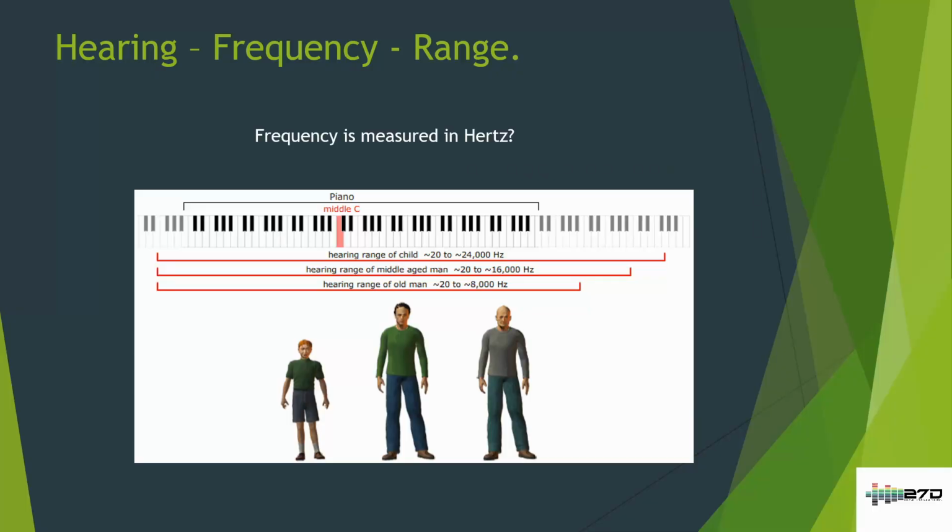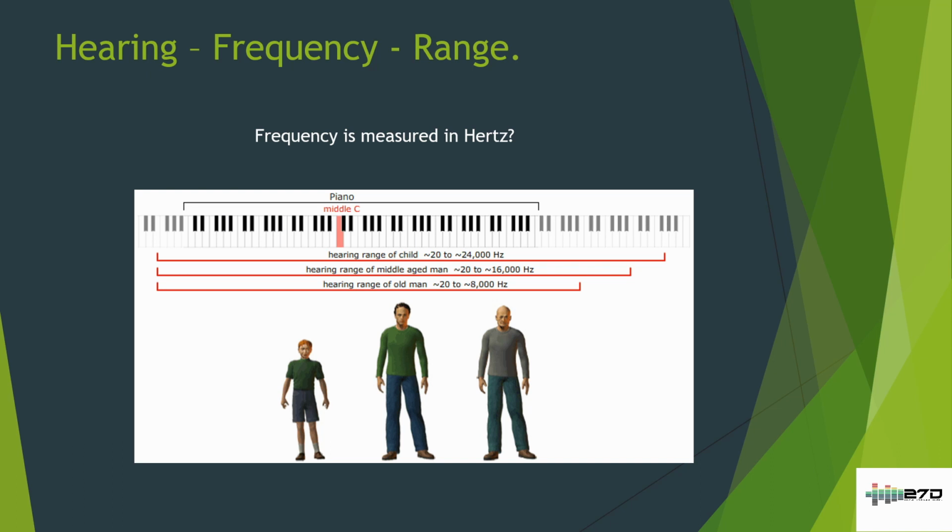Frequency is measured in hertz, we know this, so it's how many complete cycles are made in a second. Generally we're told we can hear from 20 to 20,000 hertz, or 20 kilohertz, and most average little kids can hear up to that high.